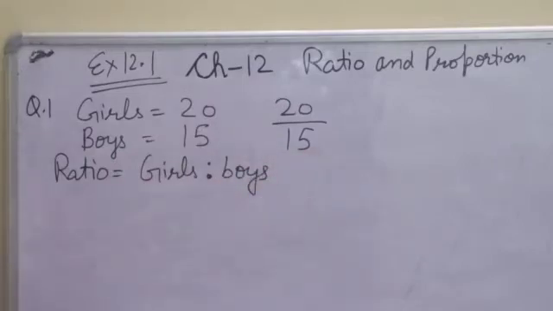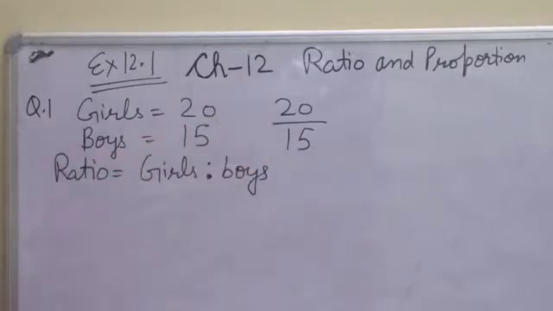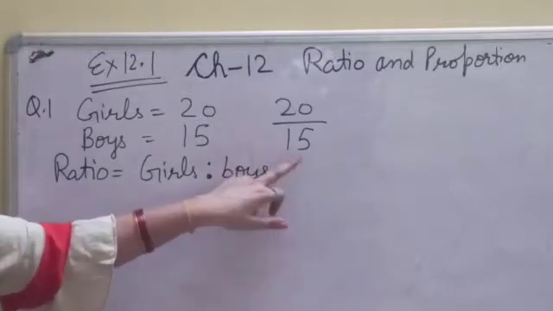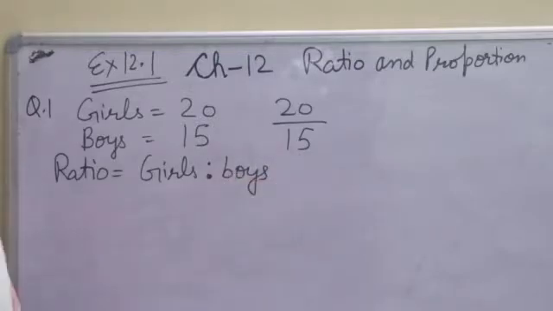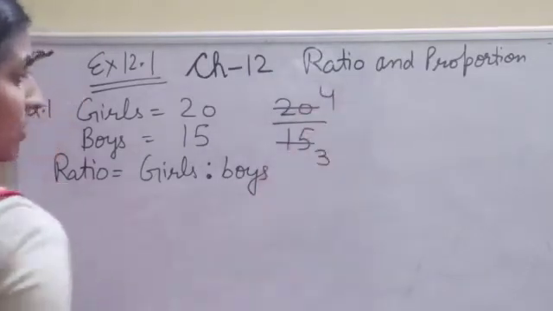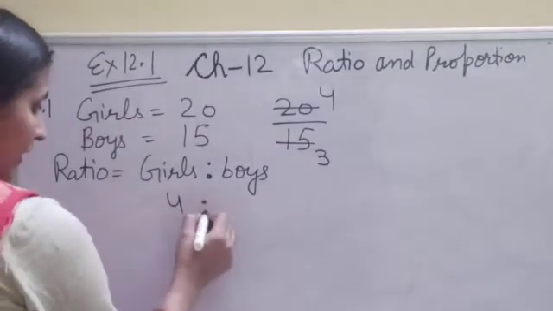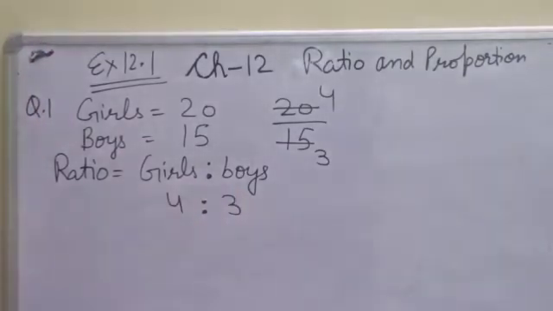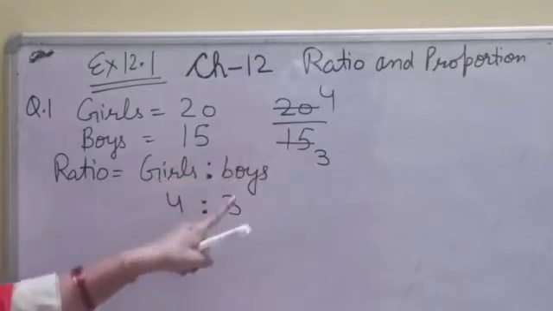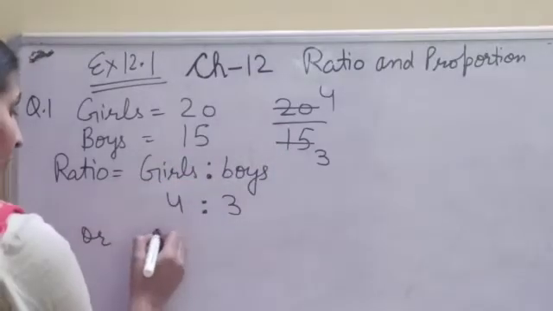So simply you can say whatever is before 'to', that is as numerator, what is after 'to', that is as denominator. So if you cut, 5 3s are 15, 5 4s are 20. So 4 by 3, so we can write it as 4 ratio 3. Either you can do in this way or you can do directly.